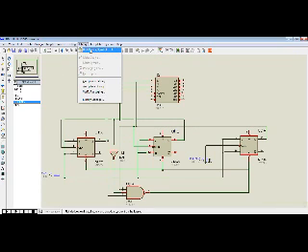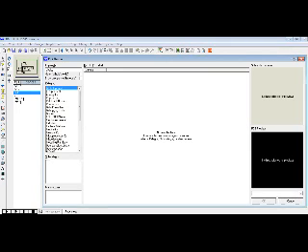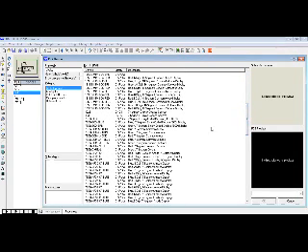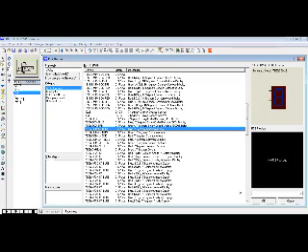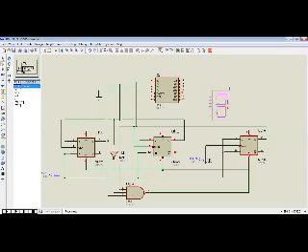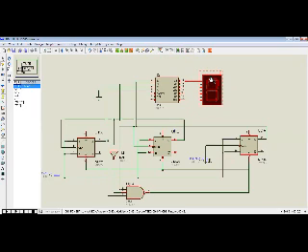Next, we include the display section. So we can use a common anode display. This is our display. We can use color red. So we do the connections, they are direct connections from the decoder to the display.